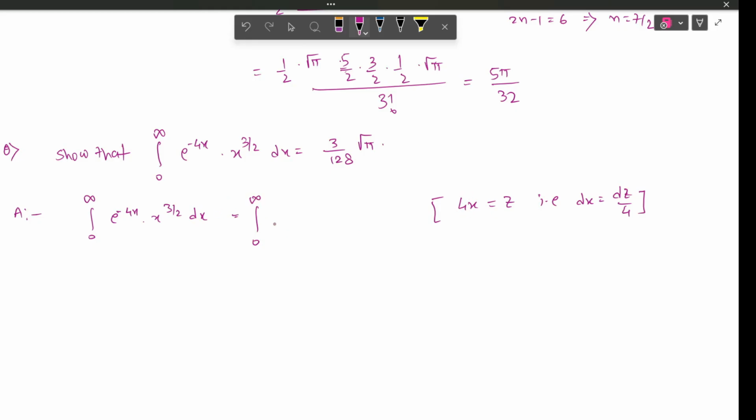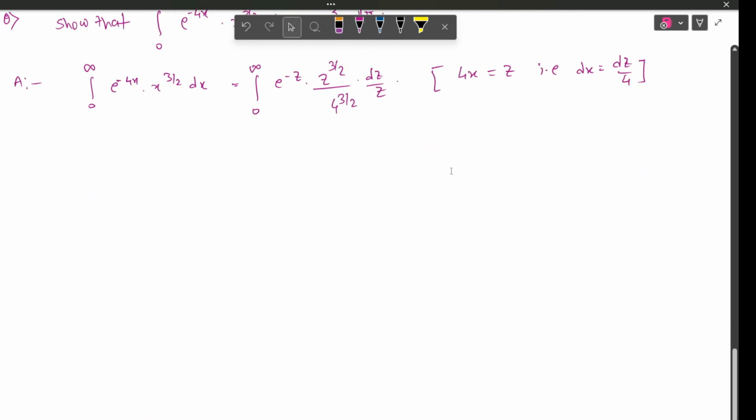So the limit is the same here: e to the power minus z, and this x is z by 4, right? So this should be z to the power 3 by 2 by 4 to the power 3 by 2, into dx. Dx is dz by 4. Now our next step: this is 2 square, and 2 and 2 will cancel out.